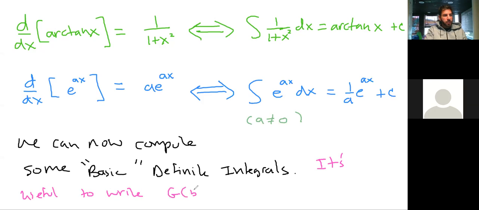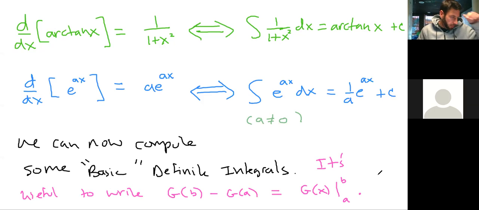Instead of writing g of b minus g of a, it's useful to write g of x with a vertical bar and then put a and b here. It just makes writing these solutions a lot smoother, and hopefully this makes sense when we do it right now.